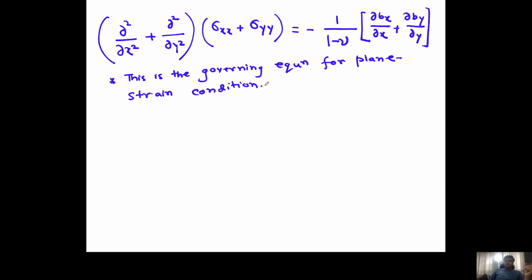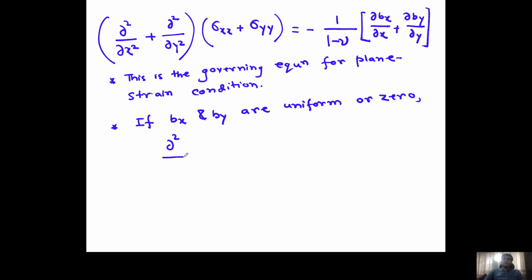As a special case again, if Bx and By are uniform or zero, in that case, this equation reduces to the same equation that we got in case of the plane stress condition.